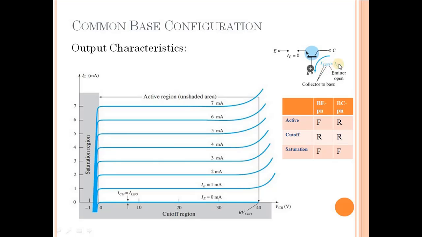These are not different currents, but the same current, ICBO or ICO. ICBO only points to the fact that it is the collector base minority current in the common base configuration, and it occurs when IE equals 0.